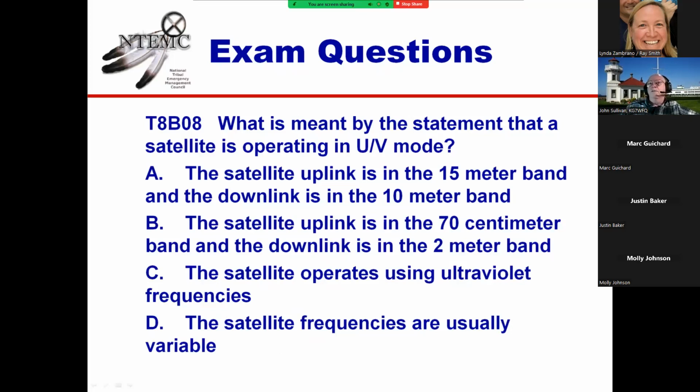Well, those are HF frequencies, and UV is UHF and VHF. So it means the satellite uplink is in the UHF, which is the first letter, 70 centimeter band, and the downlink is in the 2-meter or VHF band. This has nothing to do with ultraviolet. And usually variable is an interesting red herring.